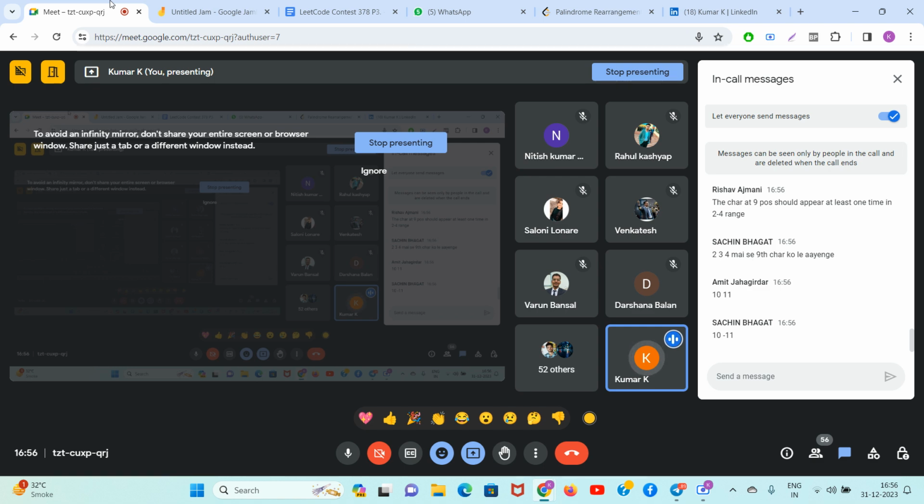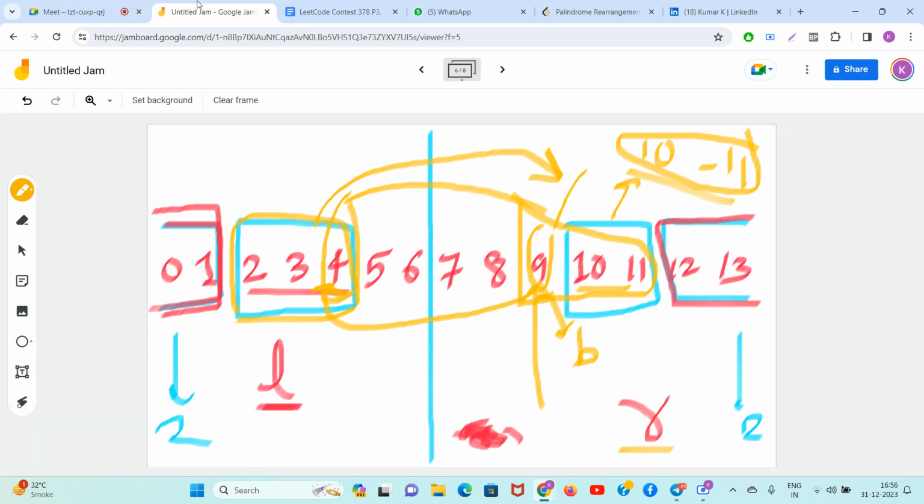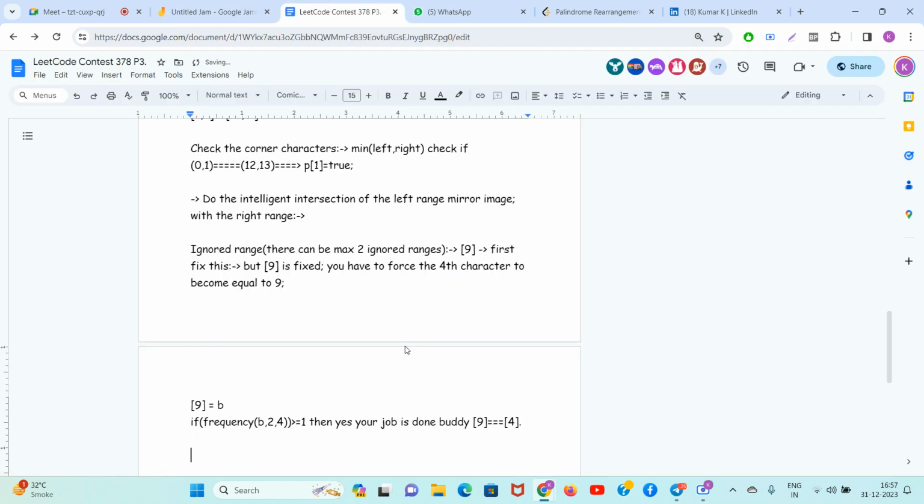Once the ignored part is done, what will I do? 10 to 11. Now guys, this is very simple. Whatever is the content of 2 to 4, whatever is the content of 2 to 3, now you people will be saying, sir, now 10 to 11 should be equal to 2 to 3, right?